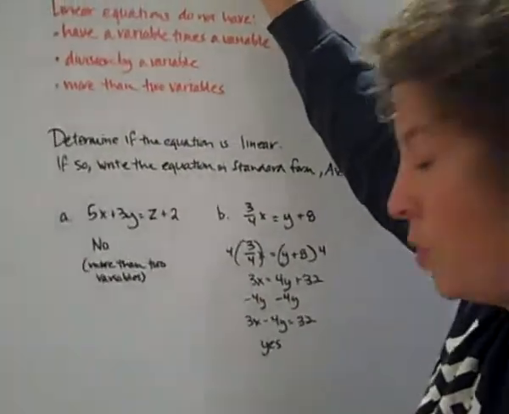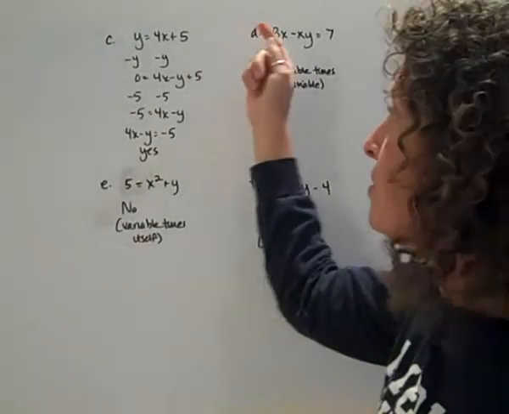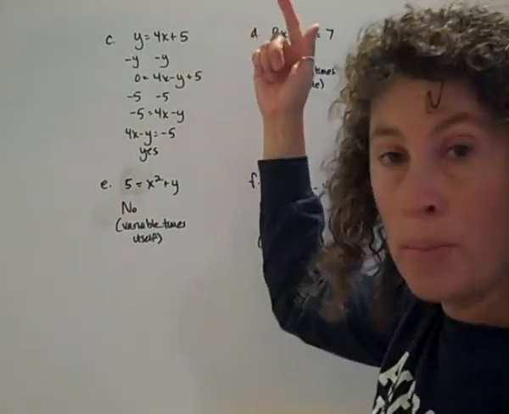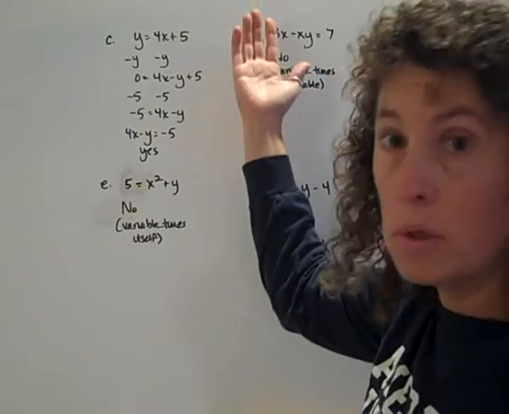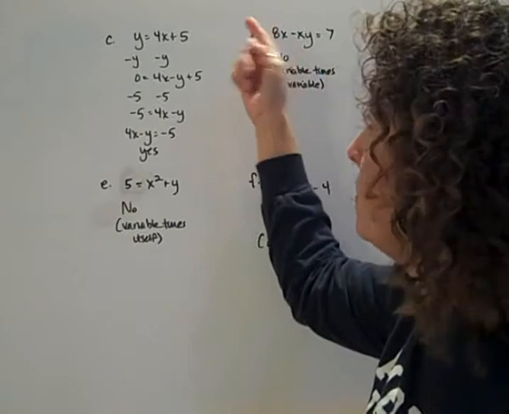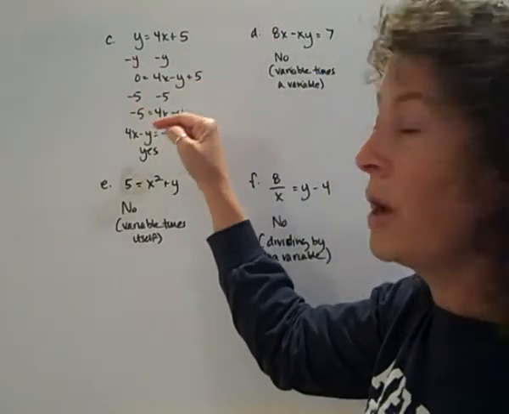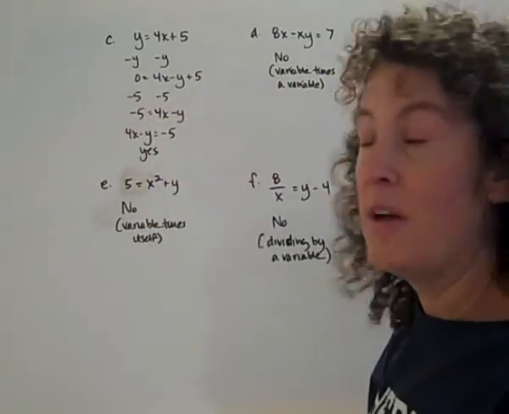All right, let's look at a few others. So we have y equals 4x plus 5. Again, I do not see a variable times itself, I do not see division by a variable, and I do not see more than two variables here, so it's looking very much linear. So let's take a look at rewriting it in standard form. I'm going to get both of the variables on one side, so I subtract my y. And then I want to get my constant on the other side, so I'm going to subtract my 5.